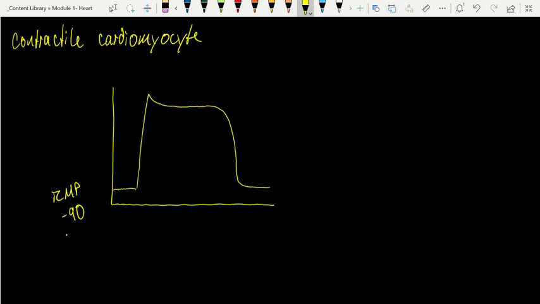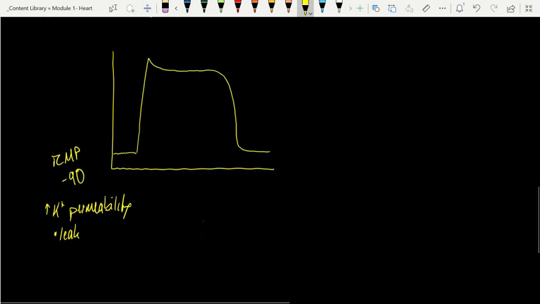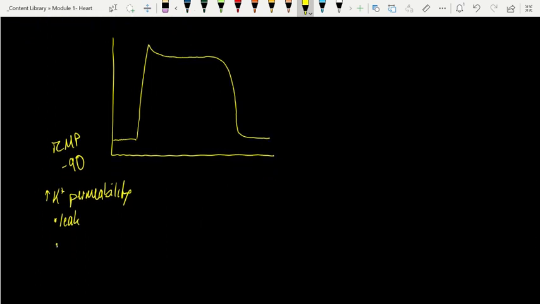This, of course, is increased potassium permeability. How do we increase it? This is interesting. Of course, we have the normal leak channels for potassium, but we're going to add to that. We're also going to add a special channel called an IRK. It can also be written KIR, which stands for inward rectifying potassium channel.